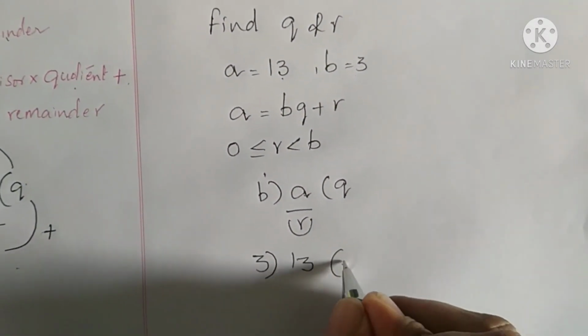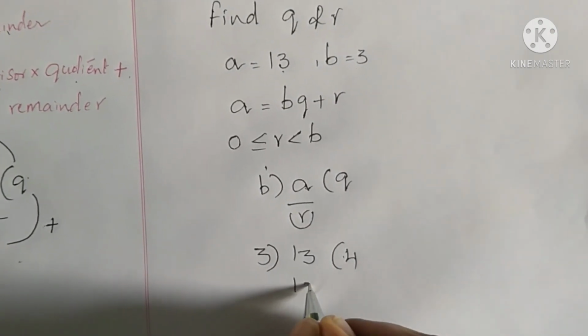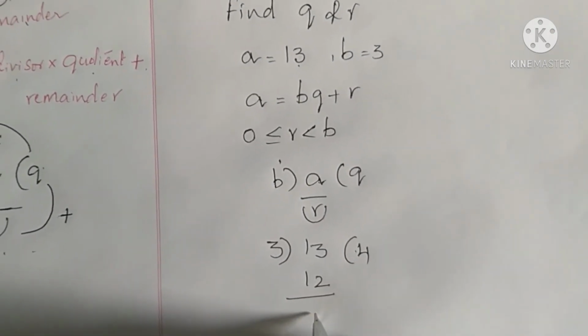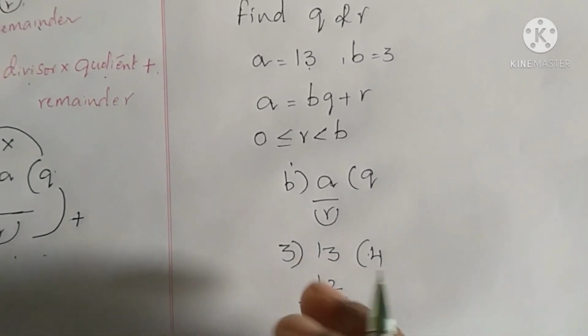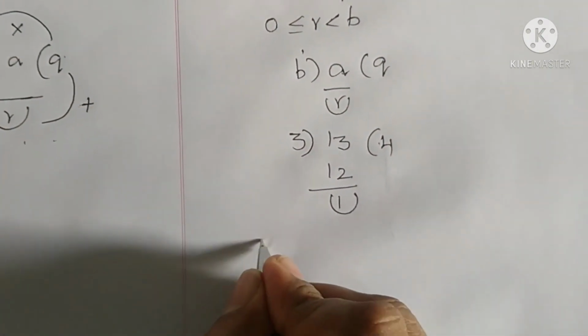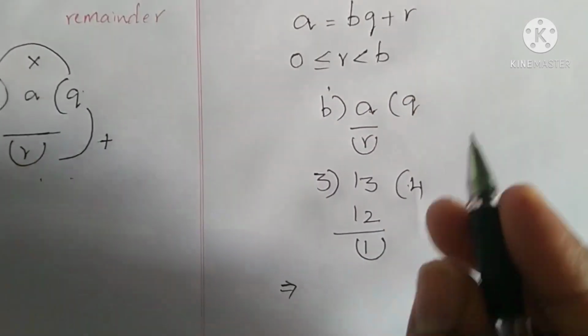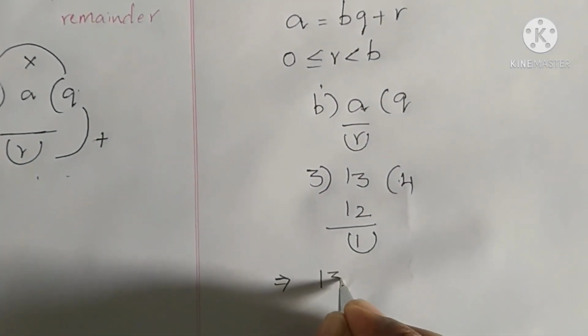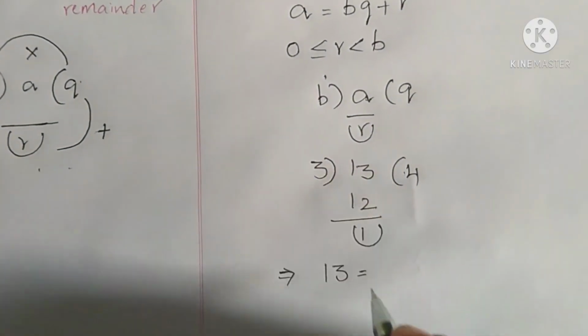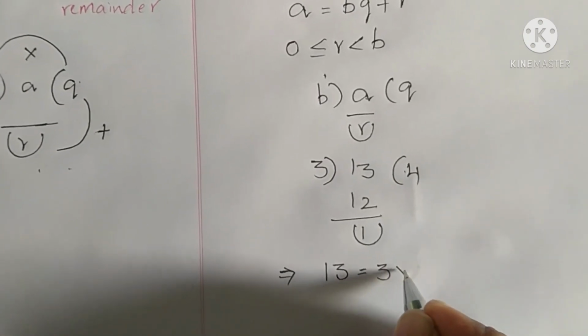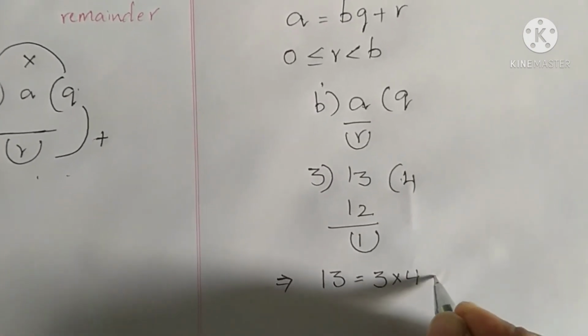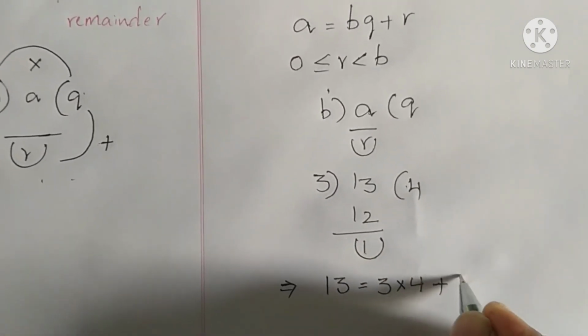So how many times? 3 fours are 12. Remainder R is 1. So by the division algorithm, A is equal to BQ plus R, right? Here A is 13.